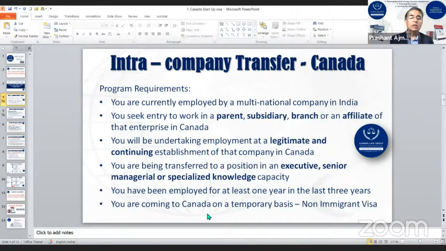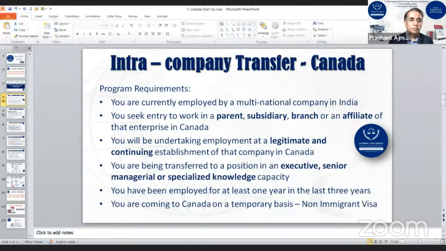Second, executives, senior executives, managers and specialized knowledge people in India who wish to go to Canada, where their company might be interested in doing the visa for them or opening an affiliated company or subsidiary. Right now, we are assisting quite a few IT companies and a few manufacturing companies who wish to establish a subsidiary in Canada, and we are in the process of transferring those executives and managers to Canada.